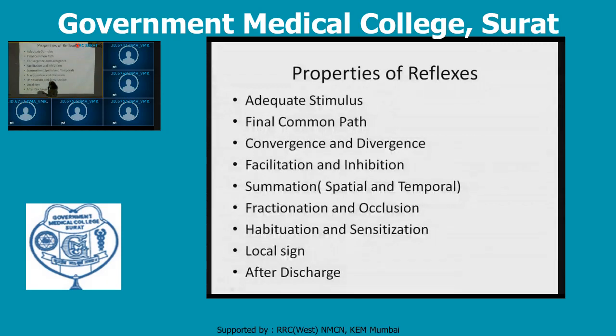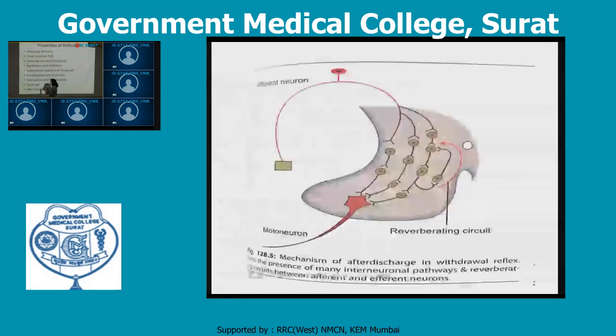Now, after discharge. After discharge is another property. We frequently observe this after discharge in case of polysynaptic reflexes, that is, in the withdrawal reflex. What happens is, because the afferent input is going to multiple efferent neurons, motor neurons, some reverberation is there. Reverberating cycles are also formed, and that leads to increased discharge.